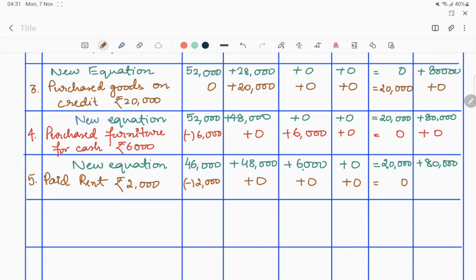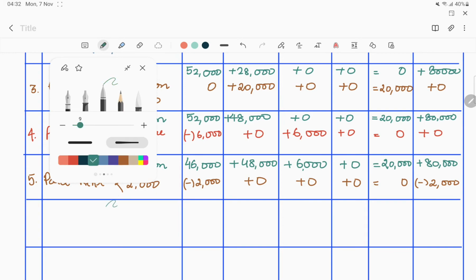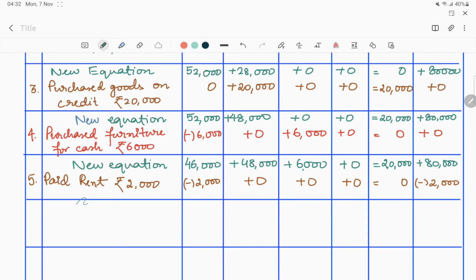Since he is paying rent using the cash amount, his capital will get decreased by 2,000 also. So after the transaction, what will be the new equation? 46,000 minus 2,000 is 44,000.